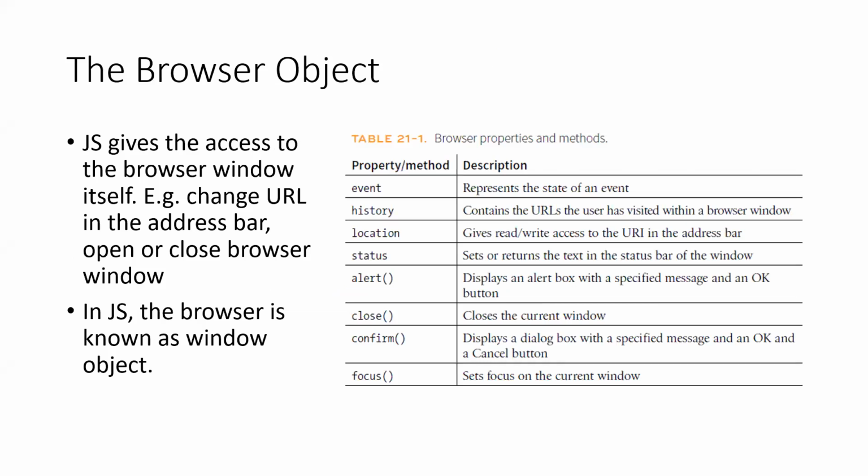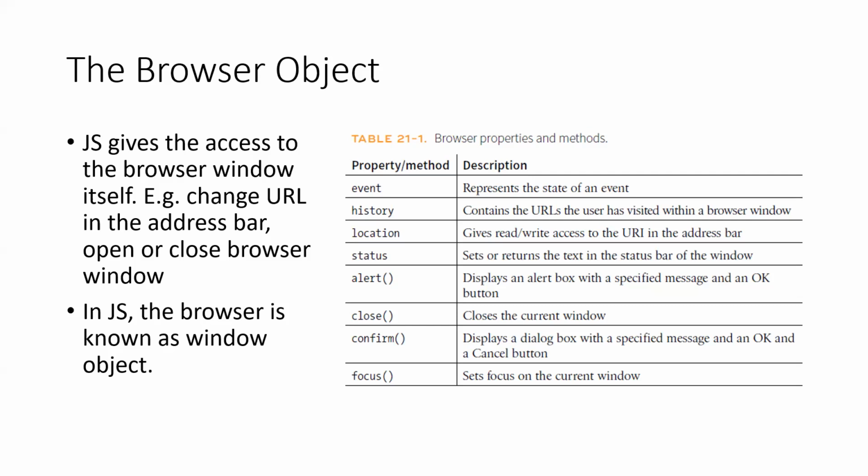Next, let's look at the browser object. In JavaScript, we can access the browser window itself. That means you can change the URL, or you can open or close the browser window, right? In JavaScript, this is known as the window object. There are several properties and methods that can be used.